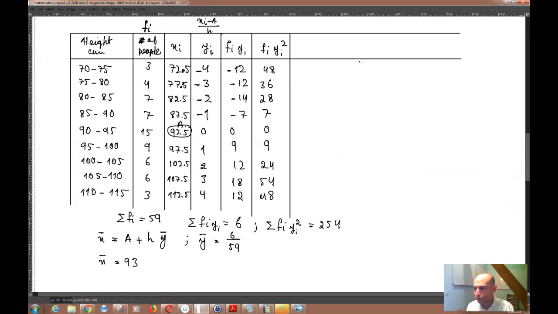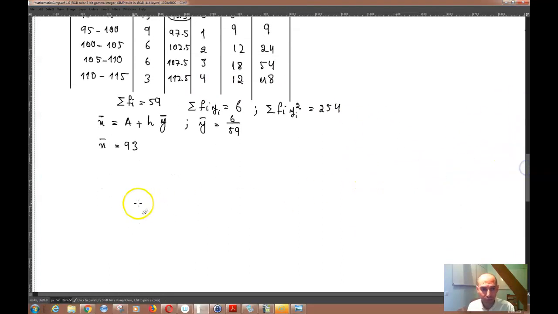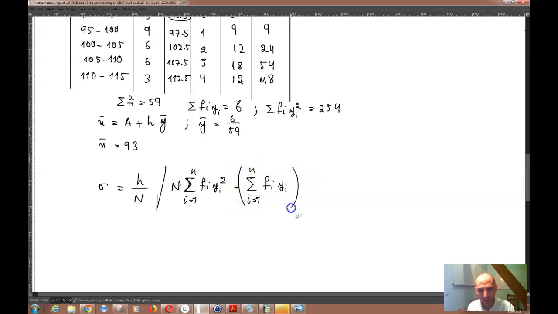So then what we need to do is calculate the standard deviation. So standard deviation, or sigma, is equal to h divided by n times the square root of n times sigma f of i y of i squared as i goes from 1 to n, minus sigma f of i y of i as i goes from 1 to n, whole squared.